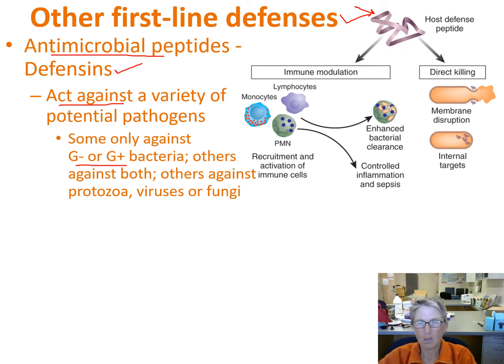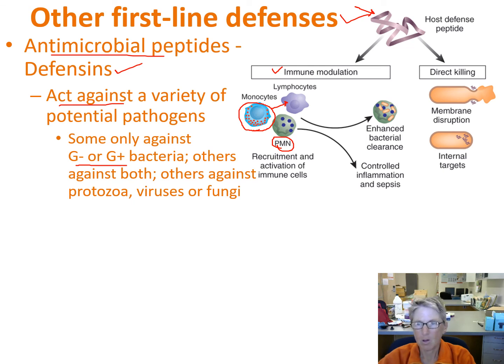So it can do immune modulation. So it's a peptide that will recruit these phagocytes, like monocytes. It will recruit B and T cells, or B and T lymphocytes, polymorphonuclear cells, which would be like a neutrophil. This peptide could recruit these cells to the battlefield, wherever the microbe is, and then these cells would destroy it.